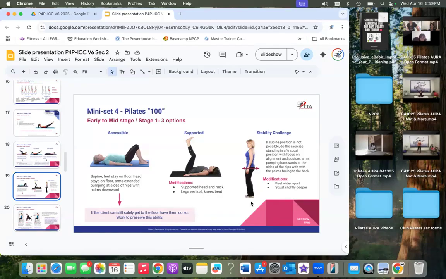The one that I use a lot is the standing, and the standing is really key, especially from stage 2 on, especially if you've got a client whose primary motor symptom is postural instability and gait disorder. Standing is key because here they're having to stabilize under self-perturbation. So this is also going to help them in preventing falls and to feel more stable with their movements.